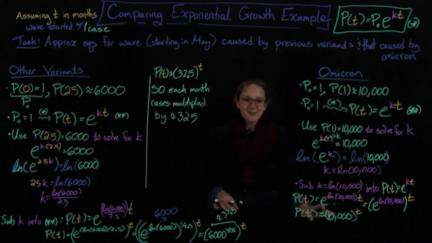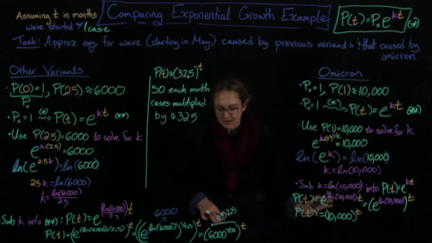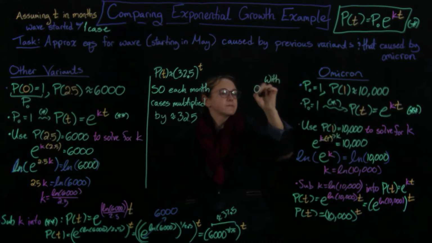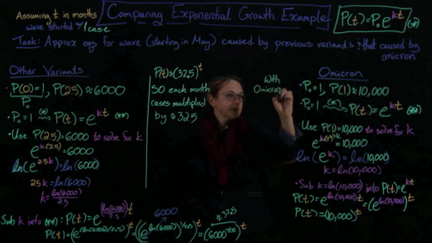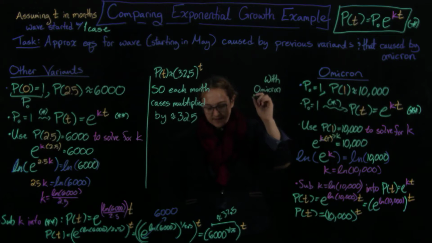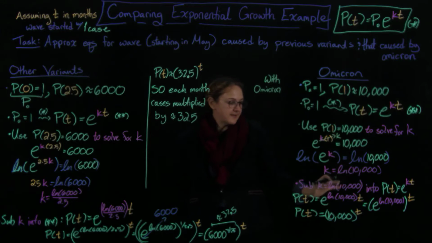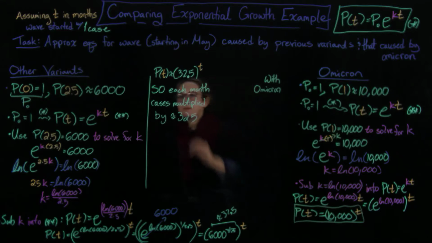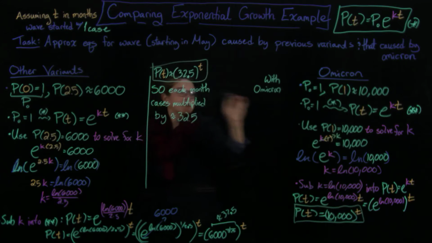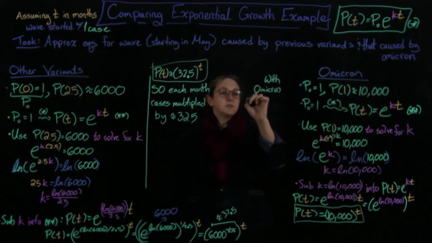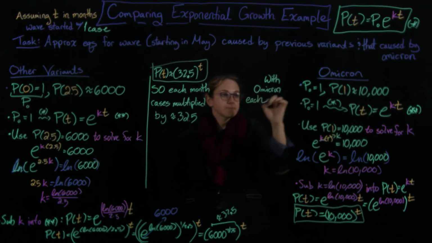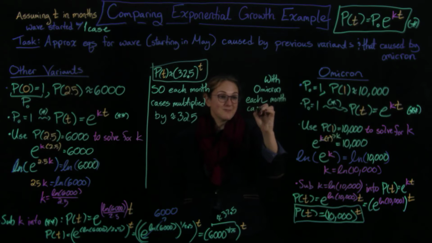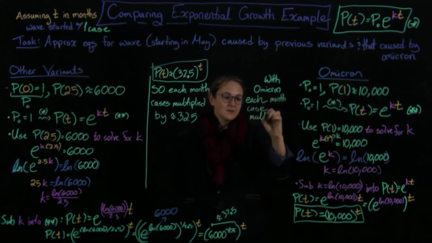So what is this telling me here? So with Omicron, we have that each month the cases are multiplied by 10,000, right? This is my approximation, and these were my equations, and that said with Omicron, each month the cases are being multiplied by approximately 10,000, which obviously can't happen for too long.